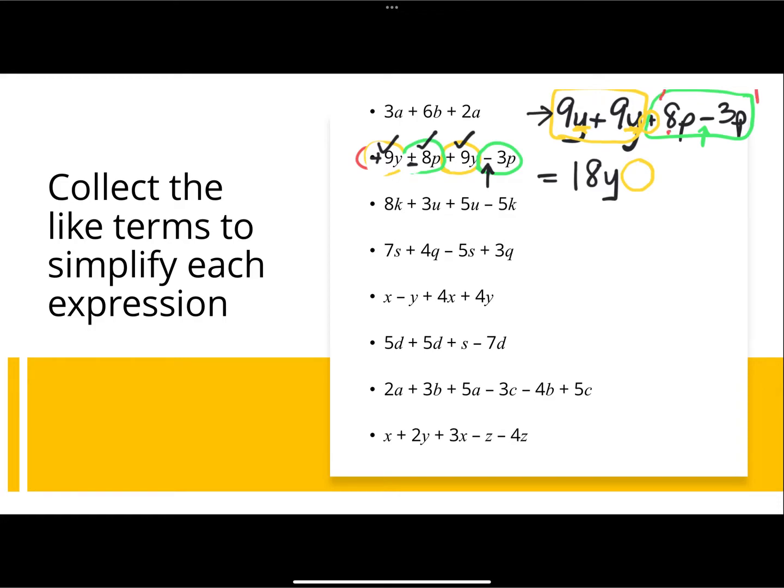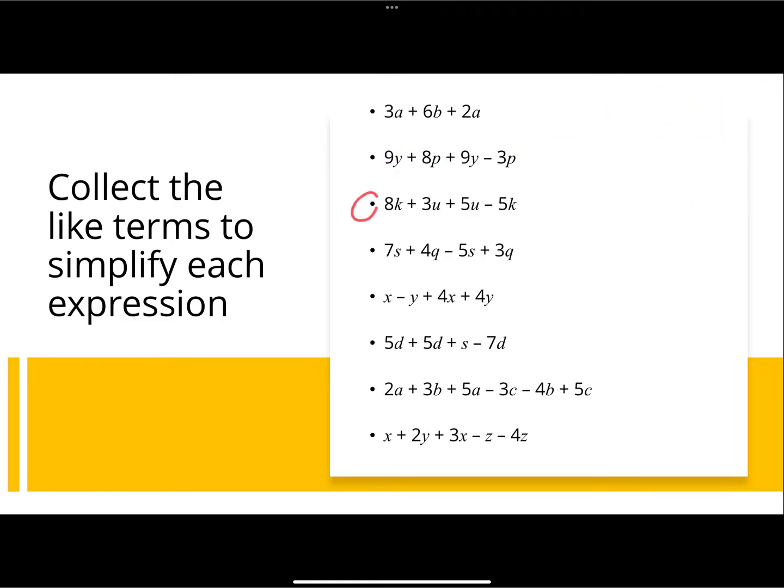If I have 8 p's and I take away 3 p's, 8 take away 3 is 5. So I'm going to have 5 p's. And I know it's a positive 5 because I'm starting at positive 8, and I'm taking away 3, so that gives me positive 5. And that's why I have 18y plus 5p for my answer for that one.